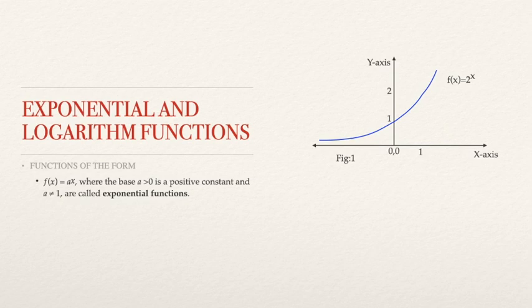So in figure 1 you can see I have drawn a graph of one exponential function which is 2 to the power x. All exponential functions have one similarity. Can you tell? The similarity is that at x equal to 0, all exponential functions are always 1.